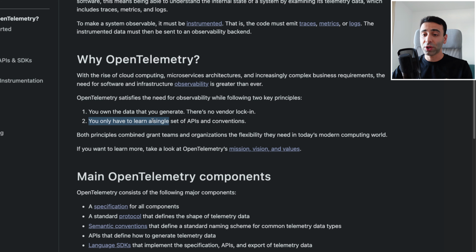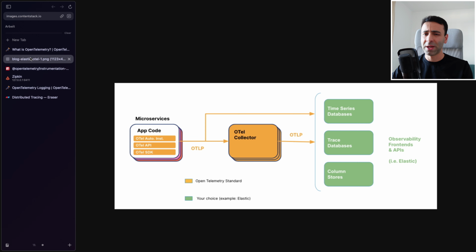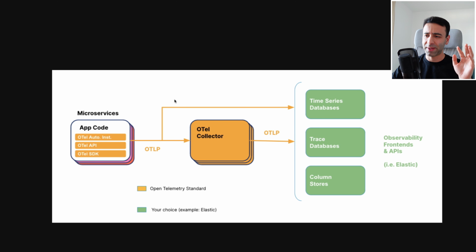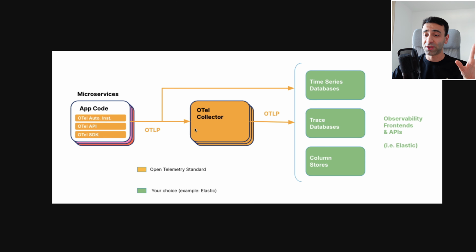And second of all, you only have to learn a single set of APIs and conventions to be able to set up observability of your applications. What do I mean? Let's look at this graph. This graph is pretty self-explanatory, but it's very important to understand. So OpenTelemetry is going to be the middleman here, all right? So these are your microservices, and OpenTelemetry gives you an API to work with, an SDK to work with, an auto instrumentation.